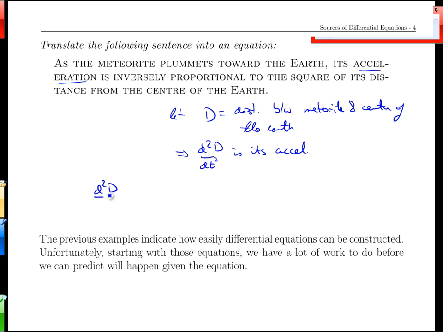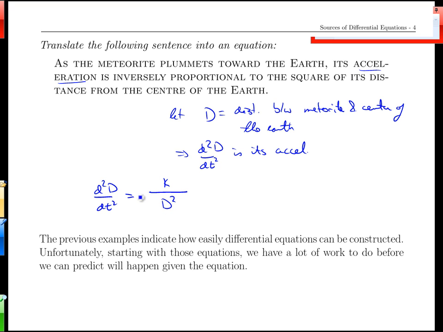And if that's the case, then our differential equation says its acceleration is inversely proportional, k over the square of its distance from the center of the Earth. So the acceleration is proportional to k over the distance squared.